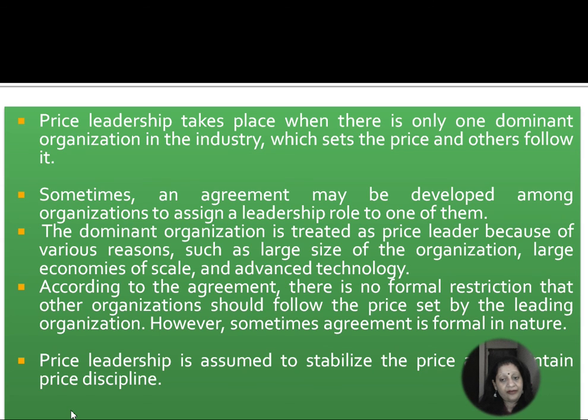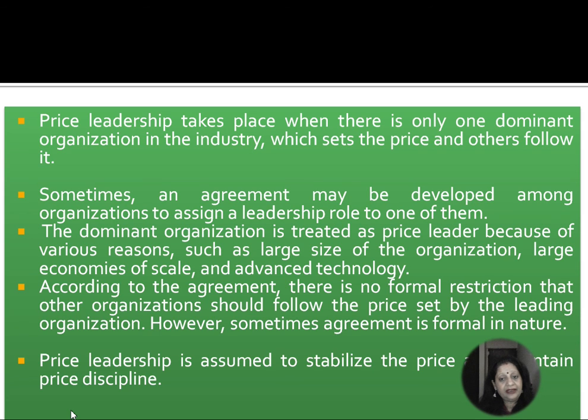So only that firm which fulfills the three criteria of becoming a price leader, like large size of the organization, large economies of scale, and advanced technology. The firm which has all these three criteria fulfilled can go for price leadership.